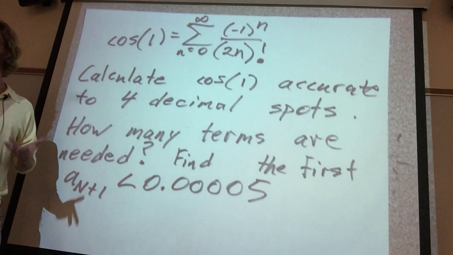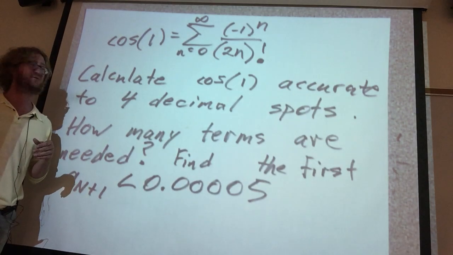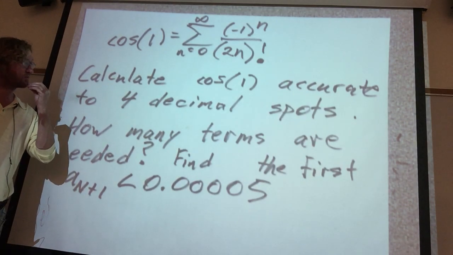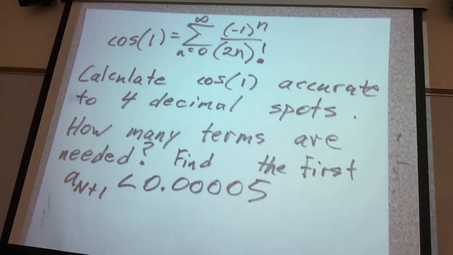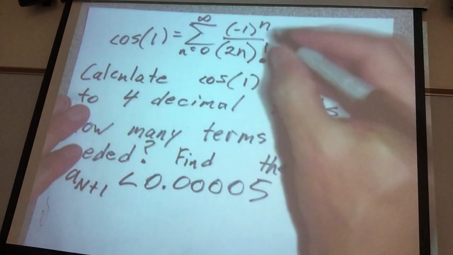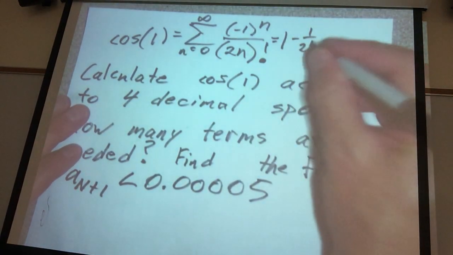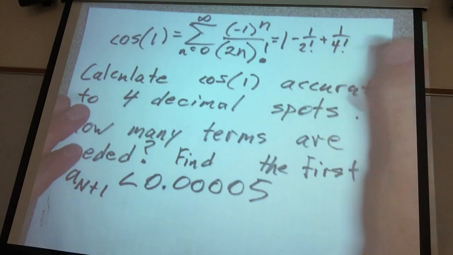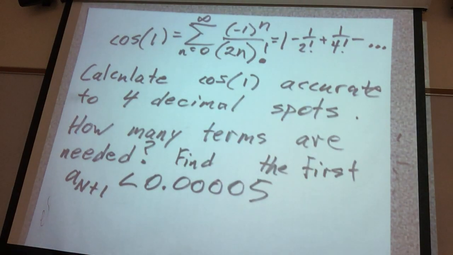So we have to ask ourselves the question of, in this infinite series right here, cosine of 1, what does this thing look like? This is equal to 1 minus 1 divided by 2 factorial plus 1 divided by 4 factorial minus, and that's going to go on forever. All right.